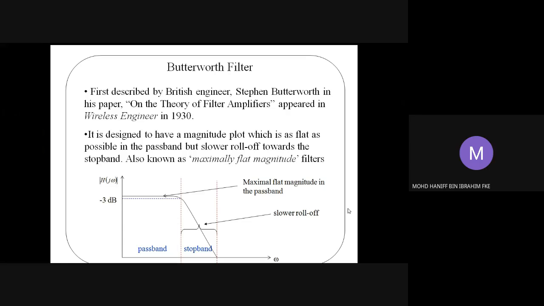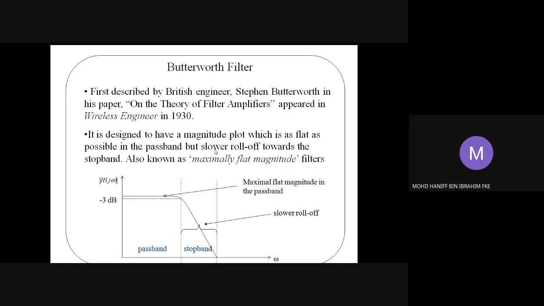So this is the specific information or characteristics of the Butterworth filter. This diagram shows the magnitude plot of the Butterworth filter.